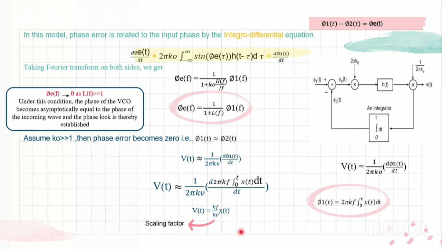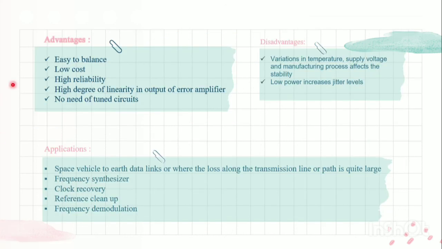So we can conclude that the overall voltage, v(t), is directly proportional to x(t), that is the message signal. That's all about the mathematical explanation.